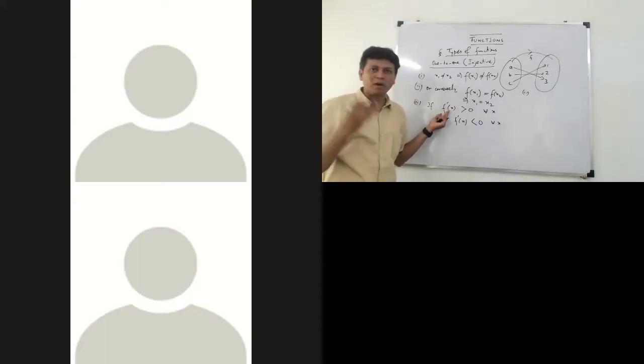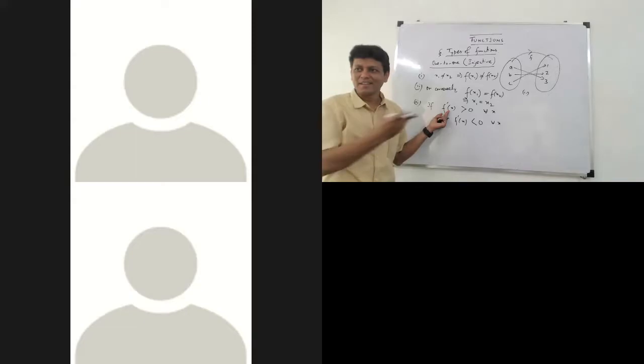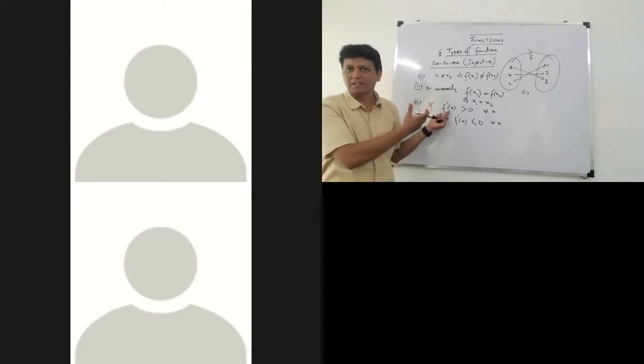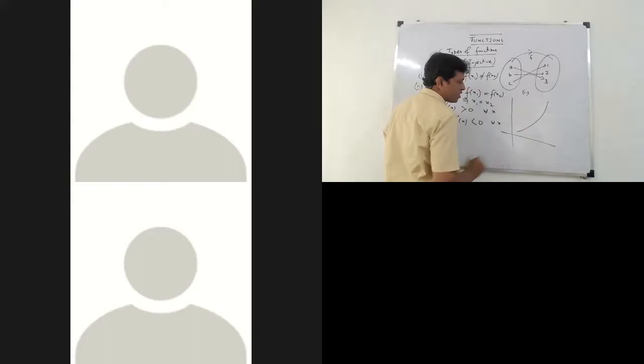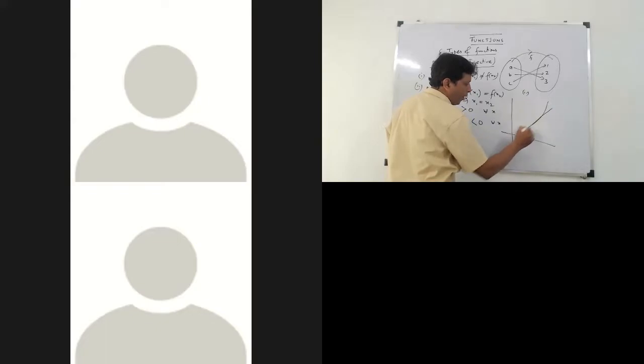What is the significance of first order derivative? Tangent. It denotes the slope of the tangent, right? If f dash x is dy/dx at that particular point, that means if you have this curve, you can draw this tangent. This is the slope at this point.